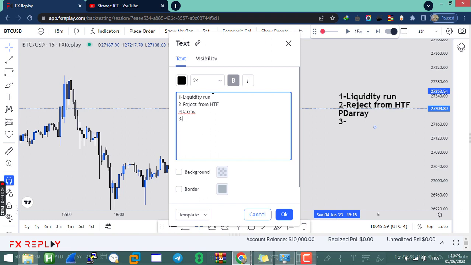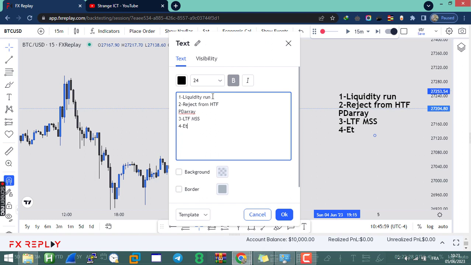The third thing is you want to see a lower time frame market structure shift, meaning you zoom in on the lower time frames and you want to see a displacement, an energetic displacement, breaking a recent swing and leaving a fair value gap behind. The fourth element of this strategy is the entry. You want to see price retrace from that displacement to a fair value gap or a breaker.